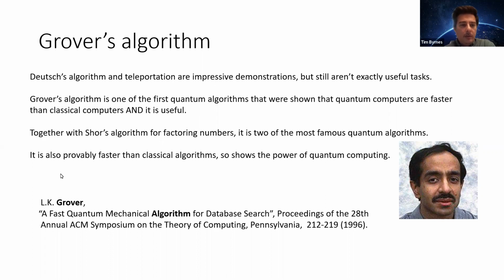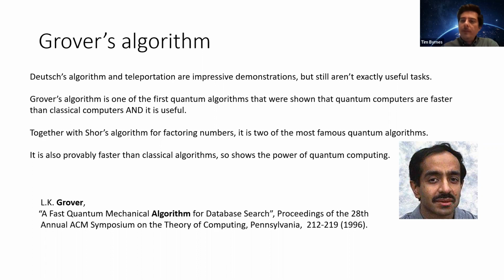Grover's algorithm, as I'll show you, is a kind of search algorithm. And actually, it's also provably faster. Shor's algorithm is exponentially faster than the best known classical algorithm.